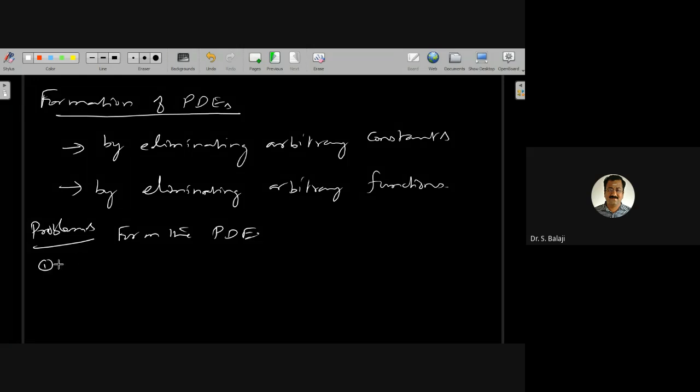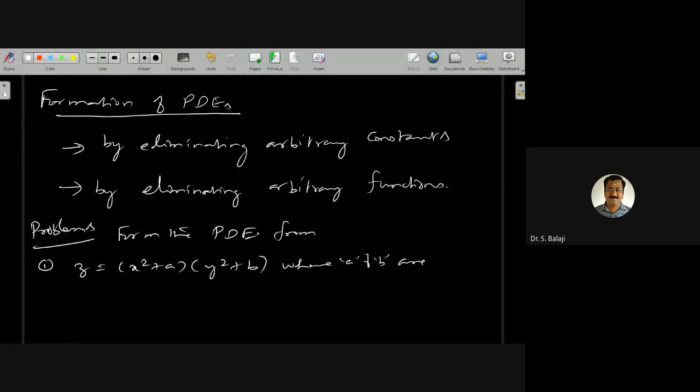Number one: z = (x² + a)(y² + b), where a and b are arbitrary constants.